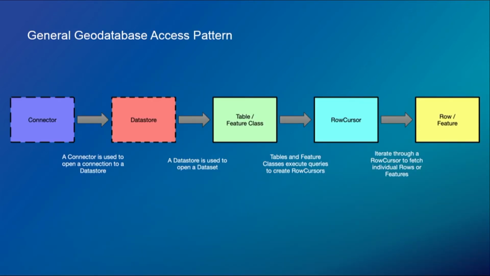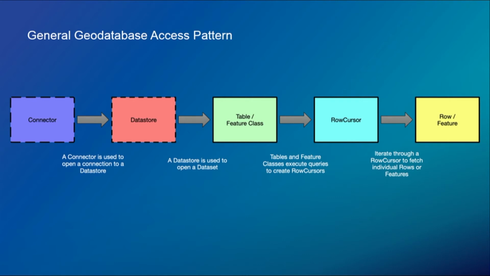So a little bit of an overview picture before we get into some of the details. Typically, when you're working with the geodatabase, you start with a connector. Now, connector is an abstract class. It is a class that provides information about how to open a connection to a data store. And data store is another abstract class.